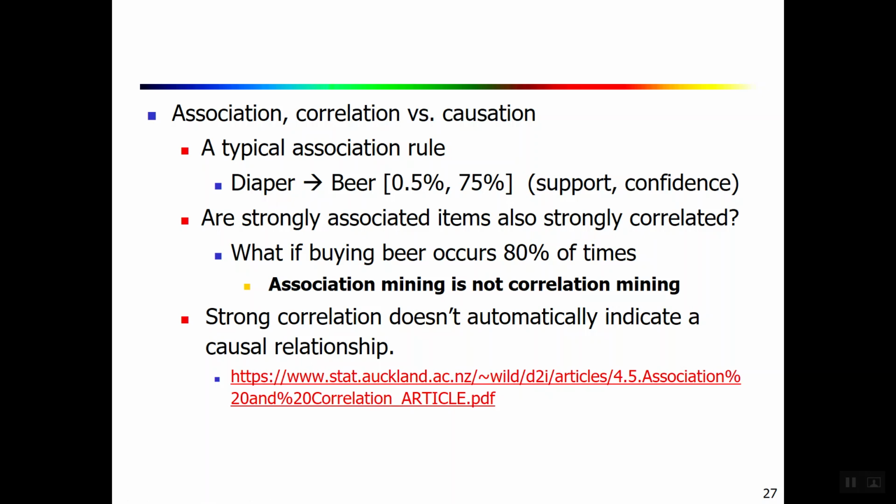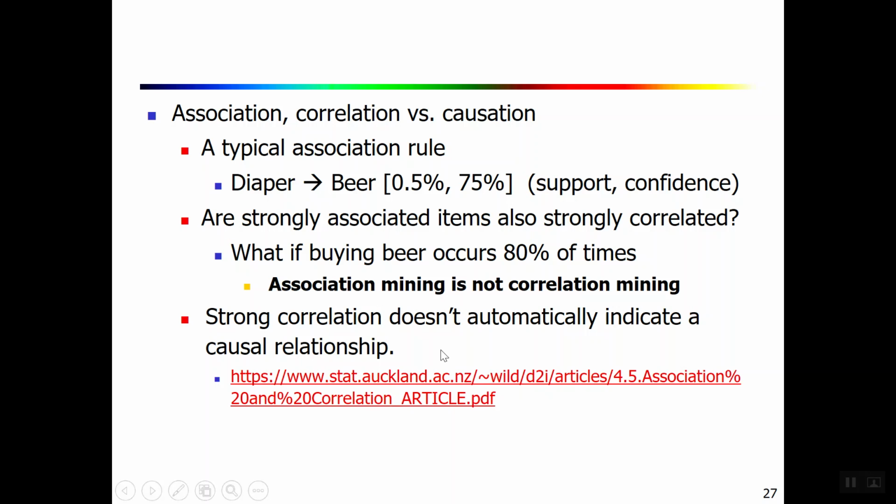So I want to emphasize the reason there are many different ways to measure the strength of an association rule like this is because association rule mining is not interested in mining rules that have strong correlation, and there is no way that by looking at the data alone we can actually get the causal relationships.